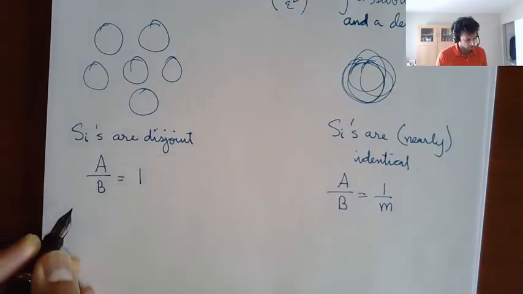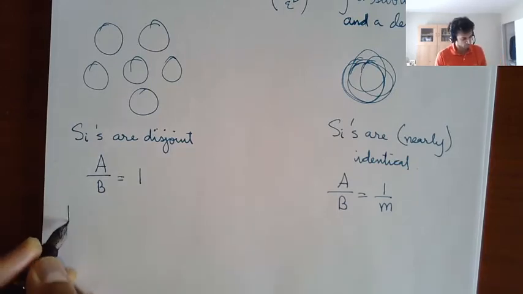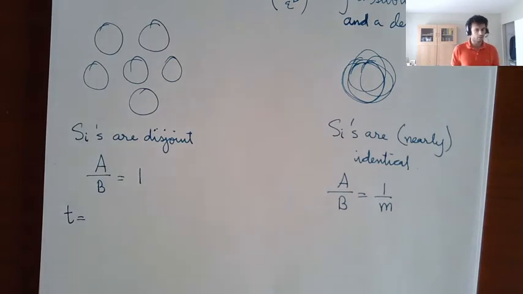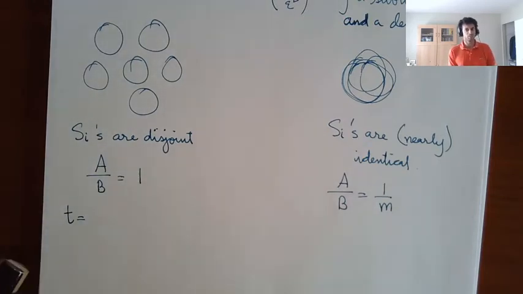So what should t be here? What is the t that you need when A divided by B is 1? What is the choice of t that you actually needed to get concentration? Right, so you have a coin which essentially appears heads all the time, or nearly heads all the time. You can assume that maybe there's some slight intersection.